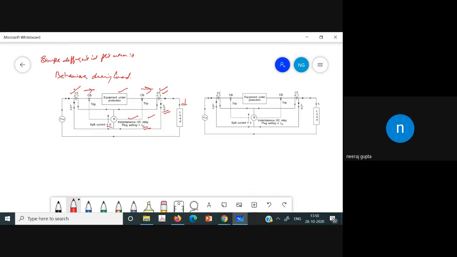Now we will discuss the behavior during the external fault.